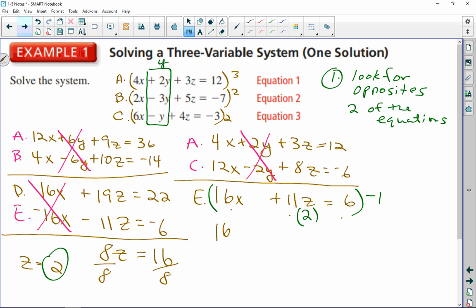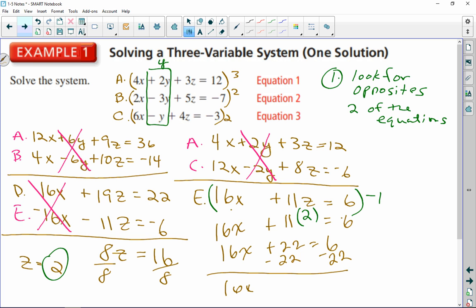So 16x plus 11 times 2 equals 6. 16x plus 22 equals 6. Subtract 22 from both sides. x equals what? 1.